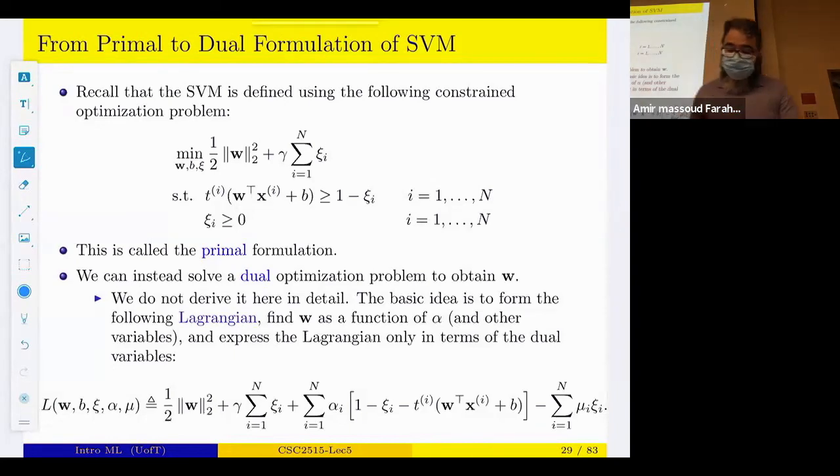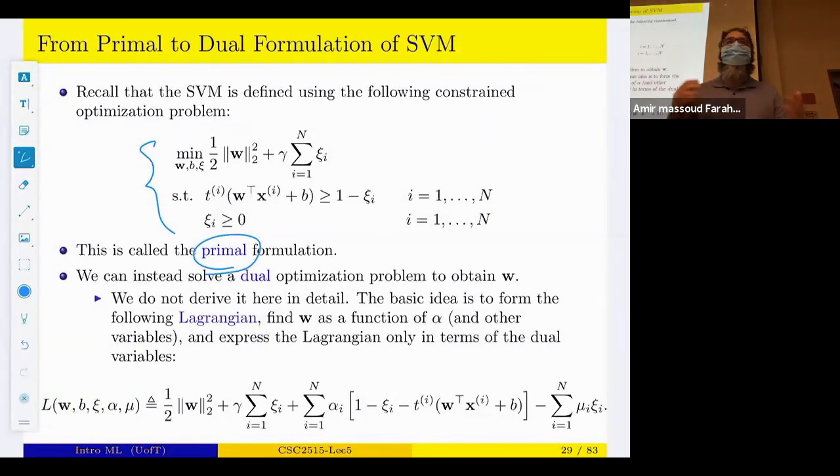What we had before is that the support vector machine was formulated as this constrained optimization problem. So minimize the norm, we have some penalty and slack variables, and then we have a bunch of constraints which are soft. This is called the primal formulation of the constrained optimization.